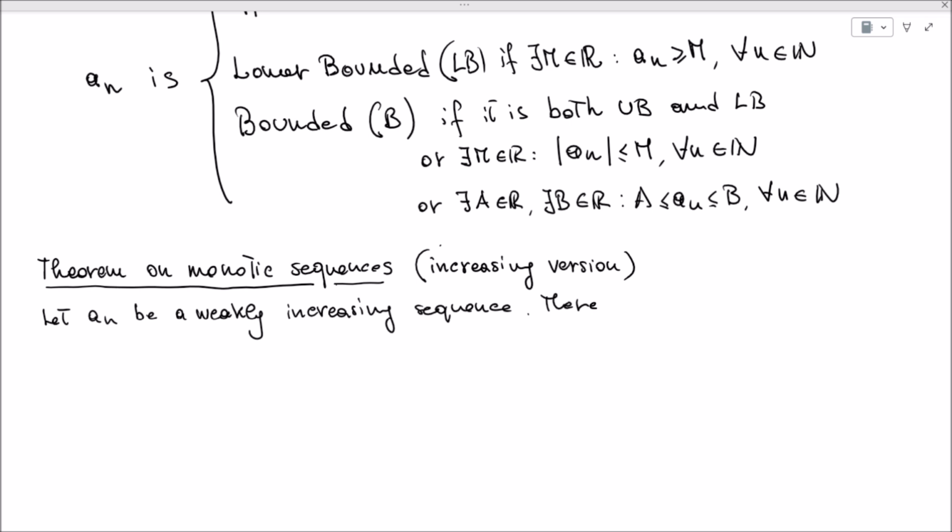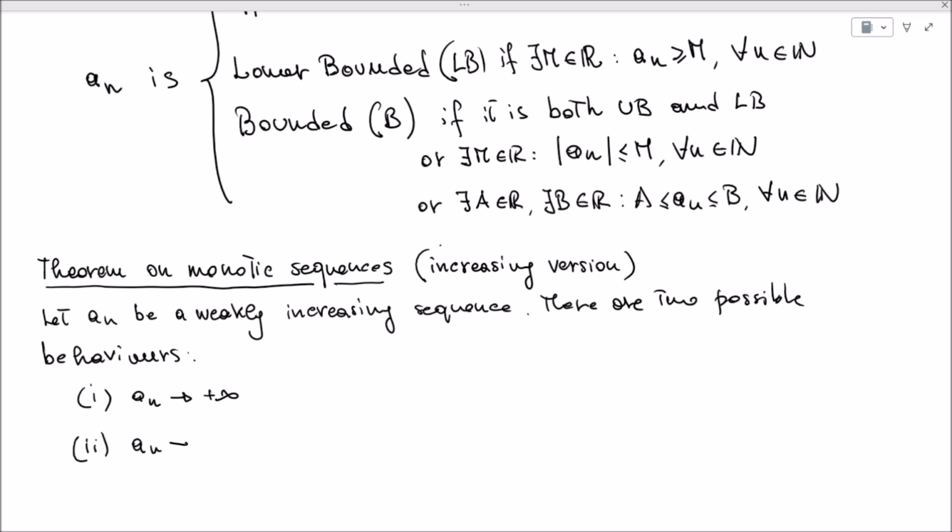There are two possible behaviors. An tends to plus infinity, diverges to plus infinity. Second possibility is that an converges to a real limit r.